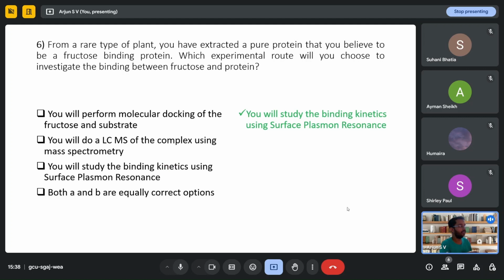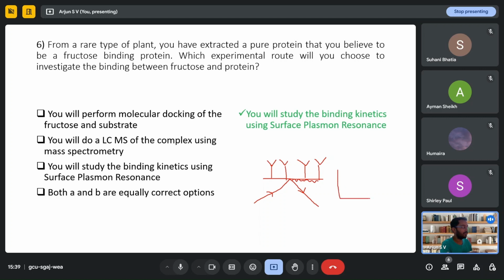How it will generally happen is you will have a surface, a gold surface or something. There you will have the protein which fructose responds to. You will have an incident light here and a reflected light here, and at a certain angle of incidence, the plasmons in the gold film start to excite and oscillate.